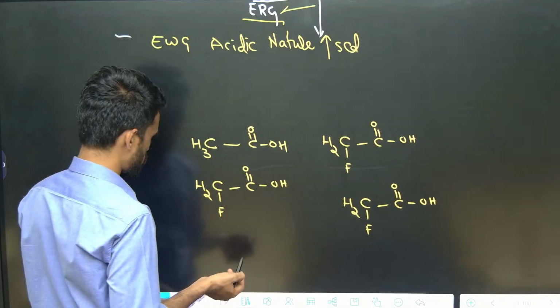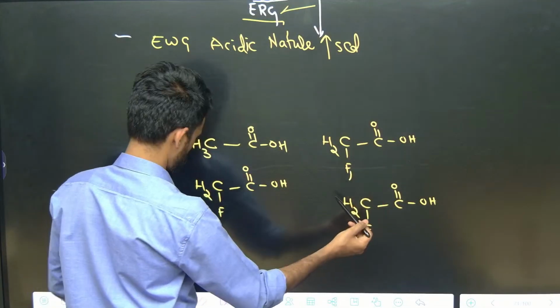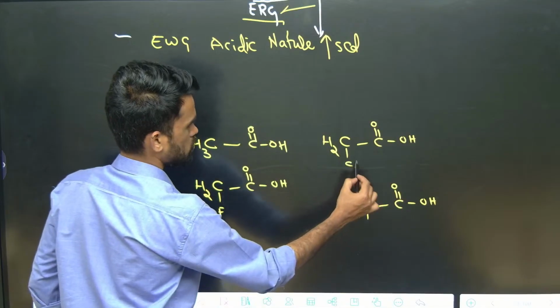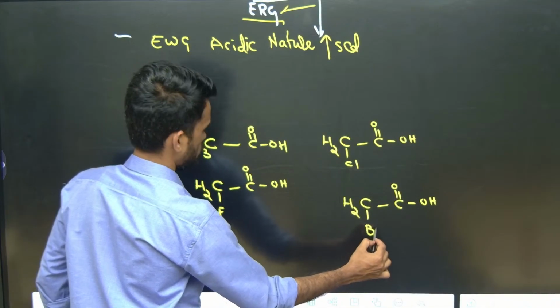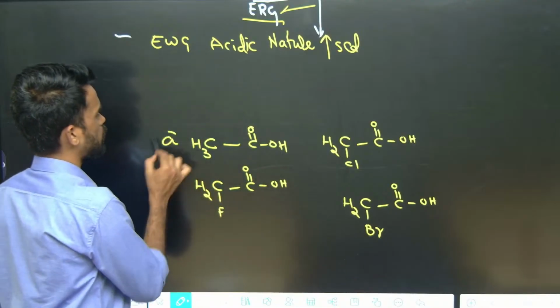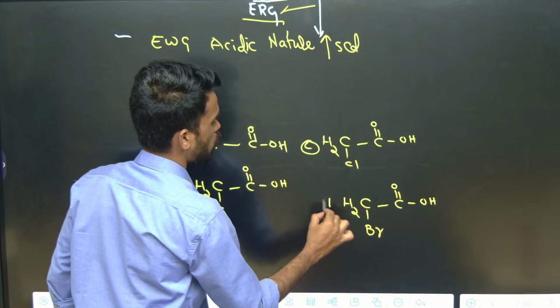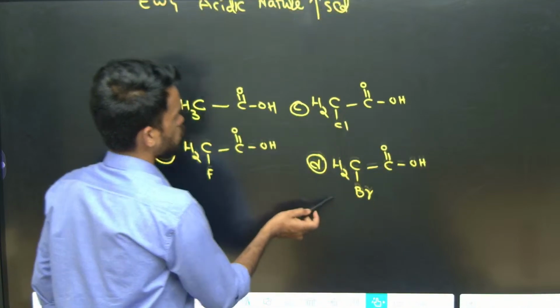Let's do this question with halogens. Here it is chlorine, here it is bromine. Out of these A, B, C, D, tell me which is more acidic, or write the order of acidic nature for them. So how can you write?